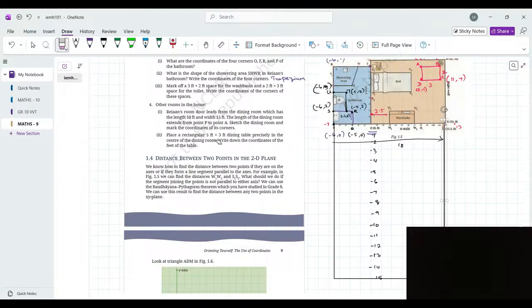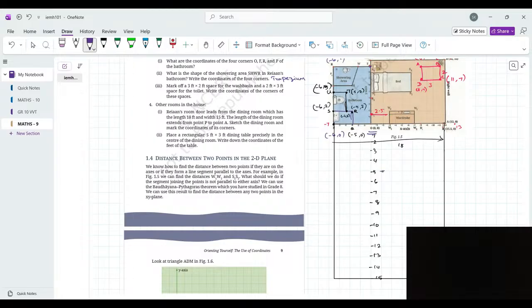We need to place a rectangular 5 feet by 3 feet table. So let me take 5 unit distance here, 5 unit distance on the other side. So 1, 2, 3, 4, 5.